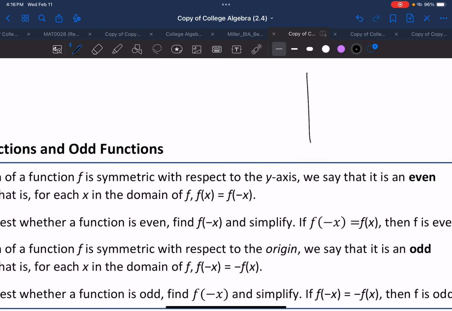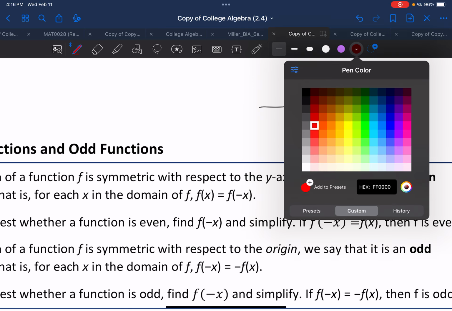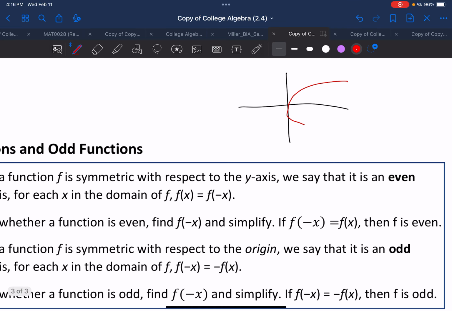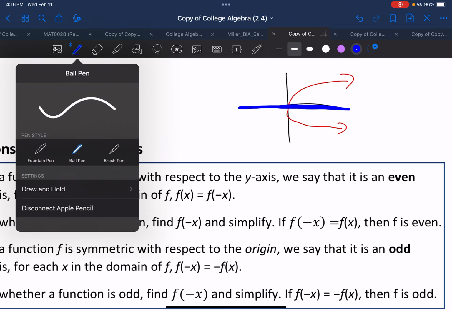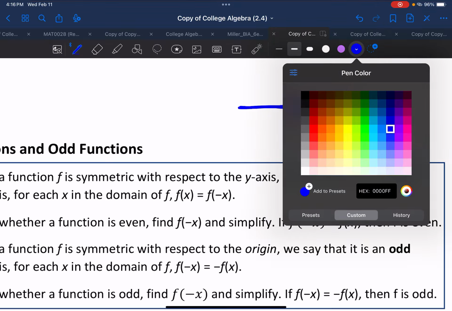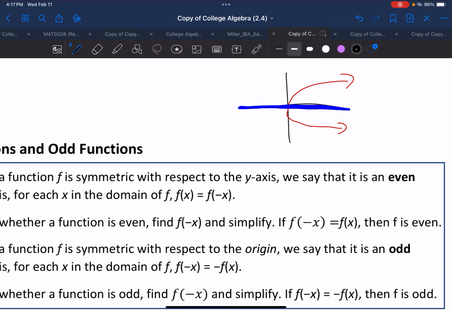So if a graph is symmetric about the x-axis, let me give you an example, same example as before. This is symmetric about the x-axis here in this picture I'm drawing. This graph is not a function because the x values would be repeating.